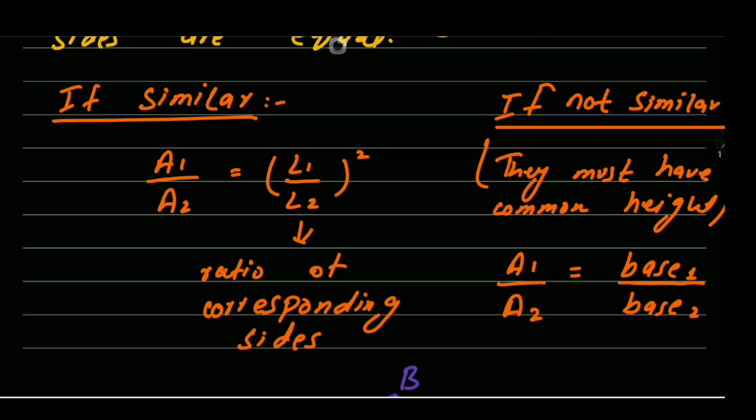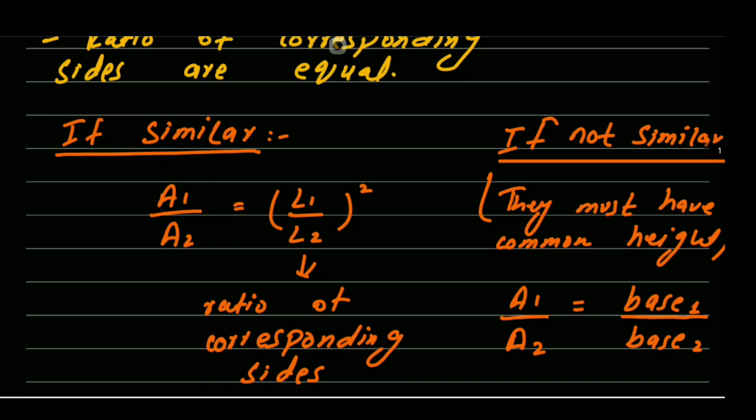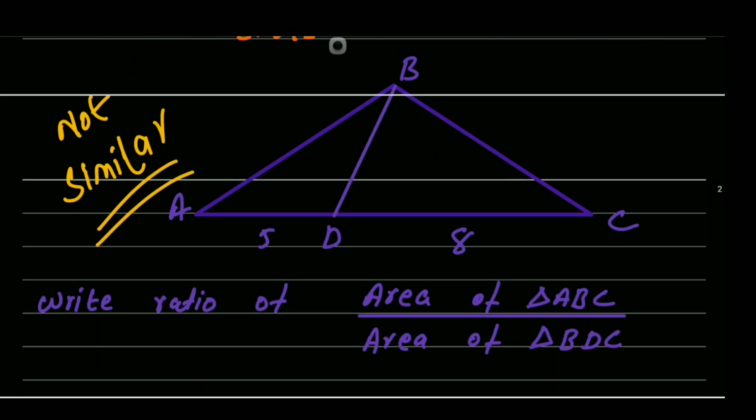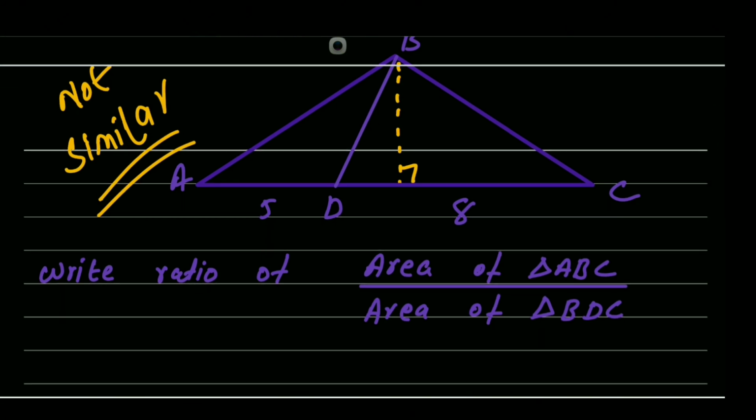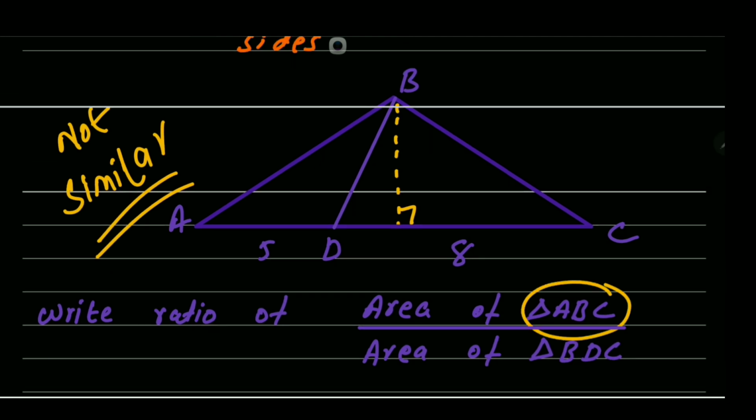So what I told you, that if triangles are not similar, they must have common heights. So we can draw a straight line as a height, that makes a 90-degree angle. Now we have to check whether this height is common in both triangles or not. This is the height of triangle ABC.